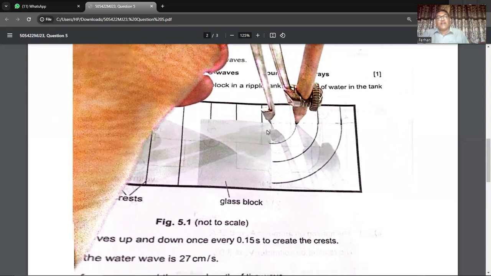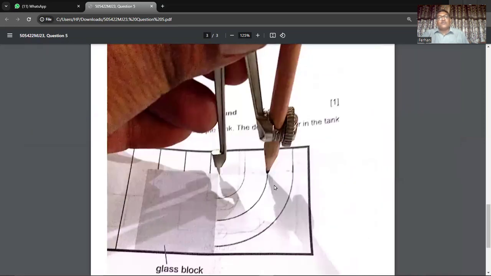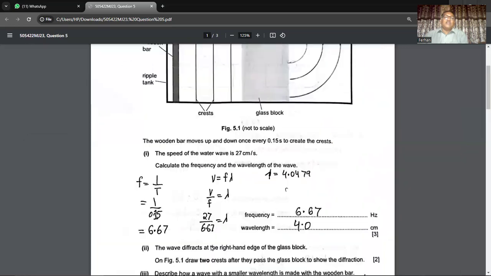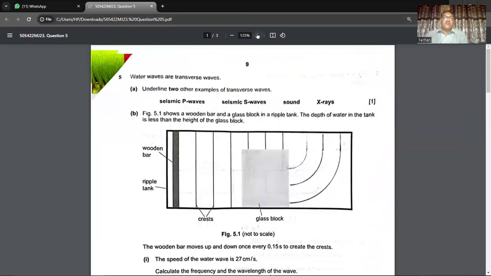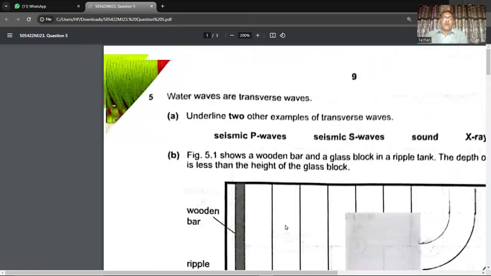Then I opened my compass equal to 2 wavelengths, and I have drawn this quadrant. Then I opened my compass to 3 wavelengths, put the needle of the compass at the end of this barrier at this point, and I have drawn this one also. So finally, the shape I got is this one.